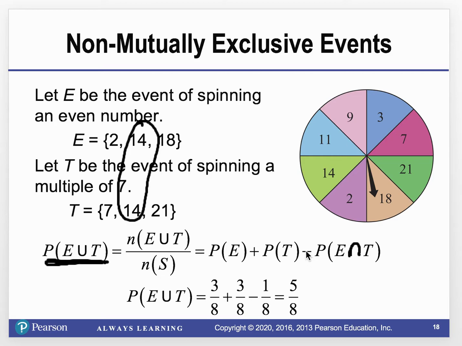So then I have to take away however many numbers overlap or intersect, and there's one number that's in both sets for our final probability of 5/8. All right, so there's the formula for our OR probabilities. So we've got our complement and we've got our OR so far. We're going to have a list of formulas by the time we get done with Chapter 9 that I want accessible, right, handy somewhere.